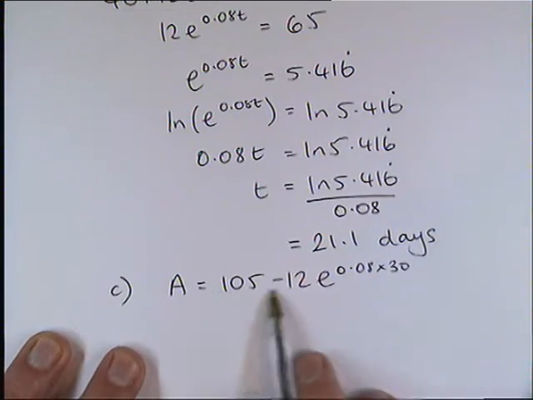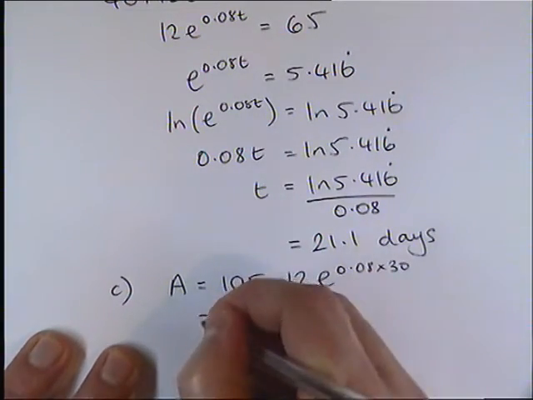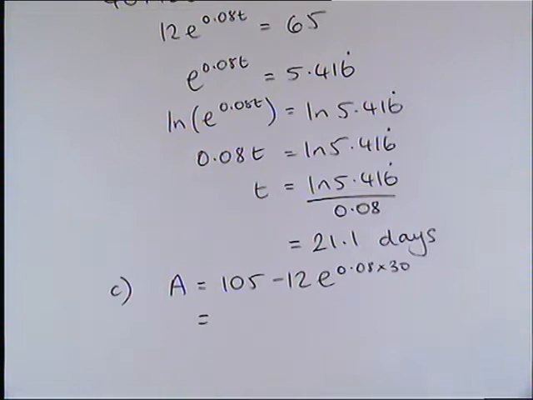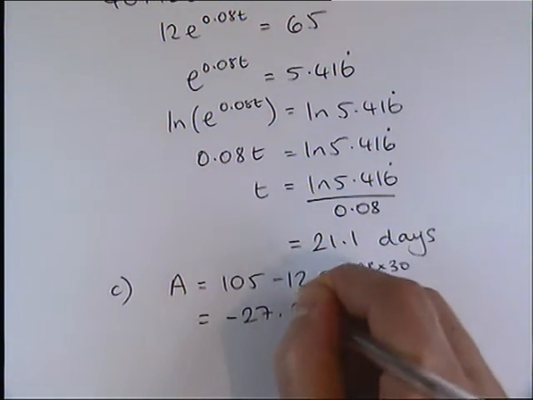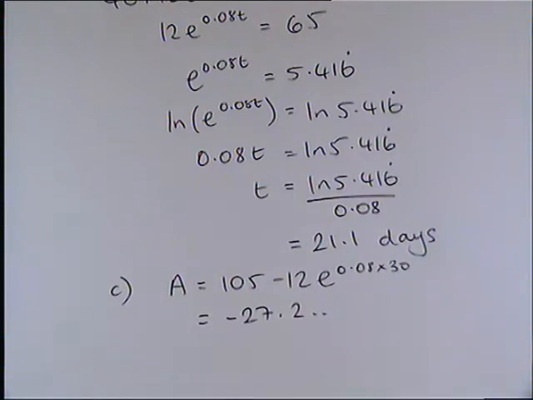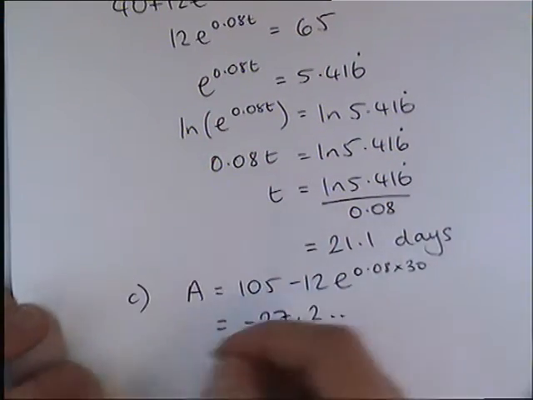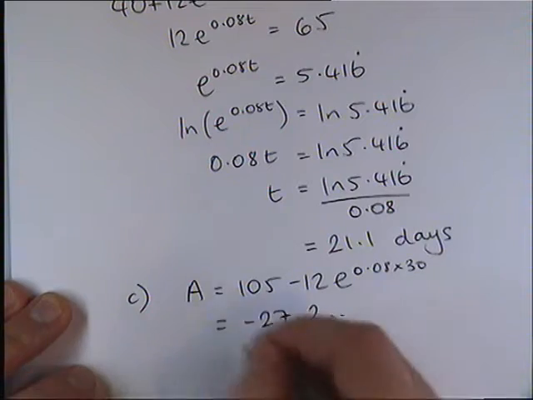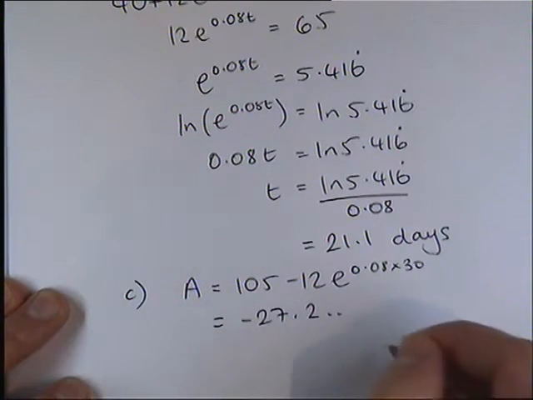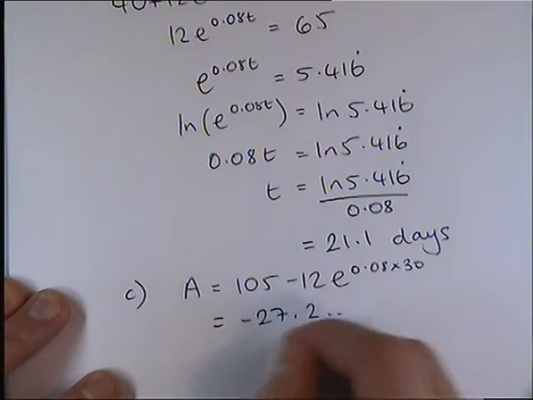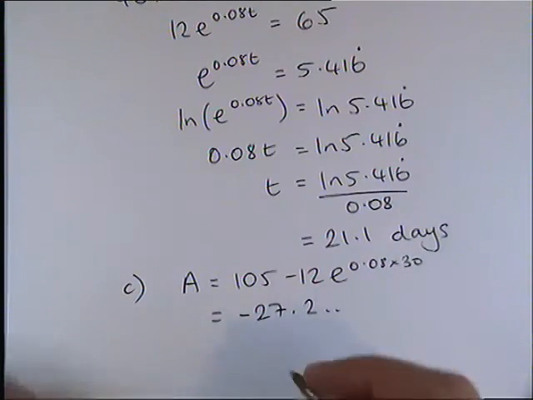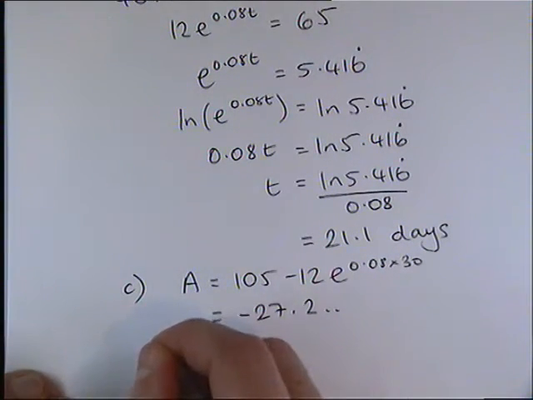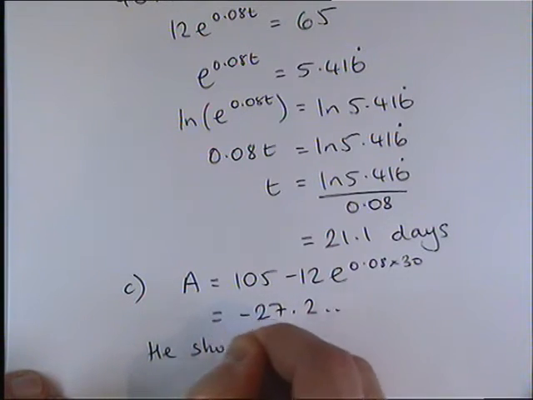If you literally type that into your calculator, you should get the answer minus 27 point something or other, 2, I think. And then you need a sentence which explains why that is not possible. Well, the reason it's not possible is you can't have a negative area of weed on a pond. So he should not use the model.